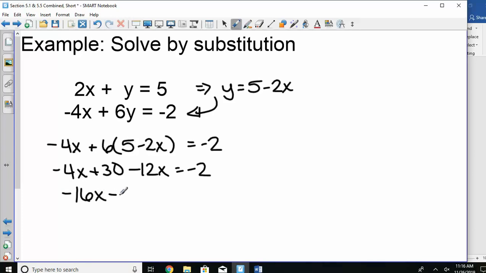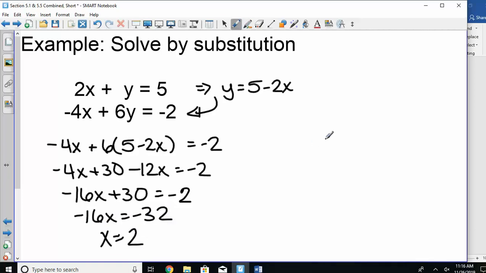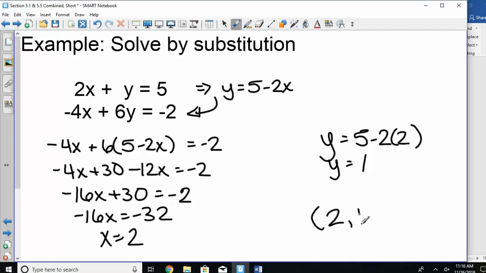So 16x plus 30 equals -2. Subtract over your 30. Divide by -16, and x is 2. We know y is 5 minus 2x. So plug that in and you get y to be 1. So how do I need the answer? Ordered pair 2, 1.